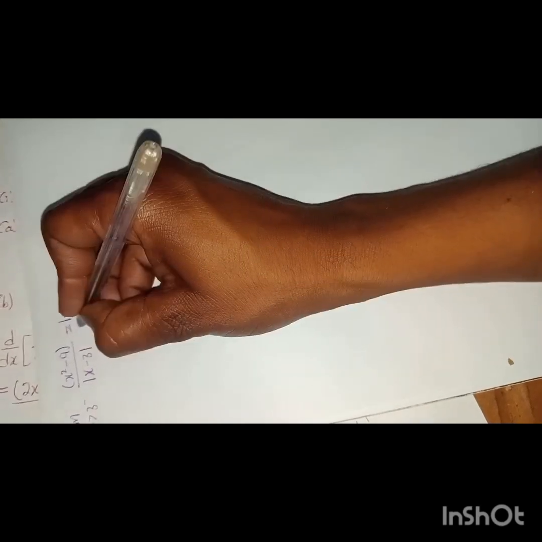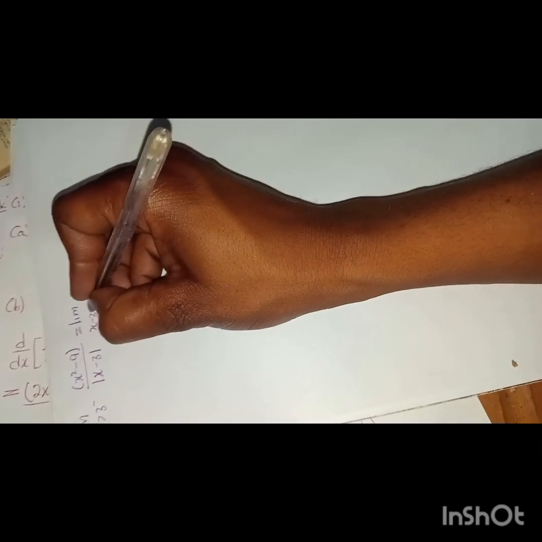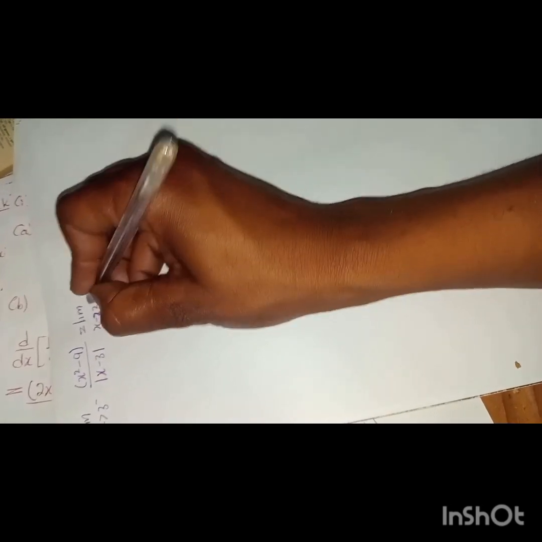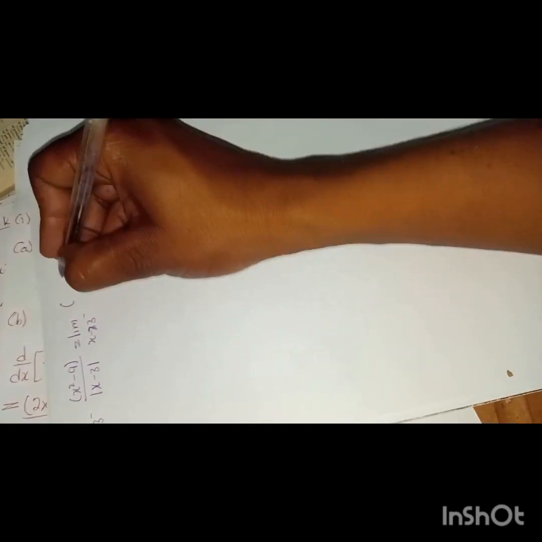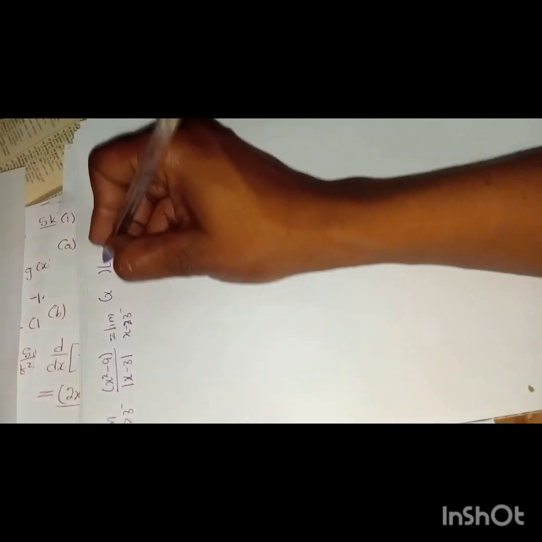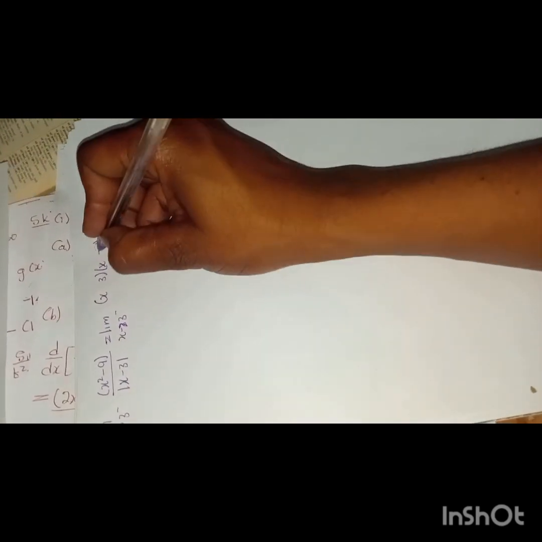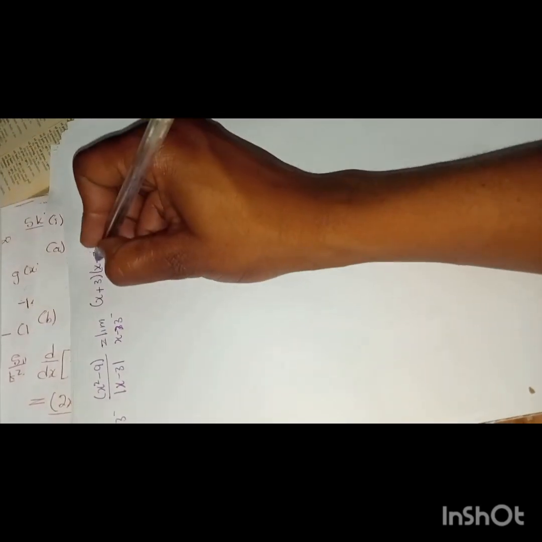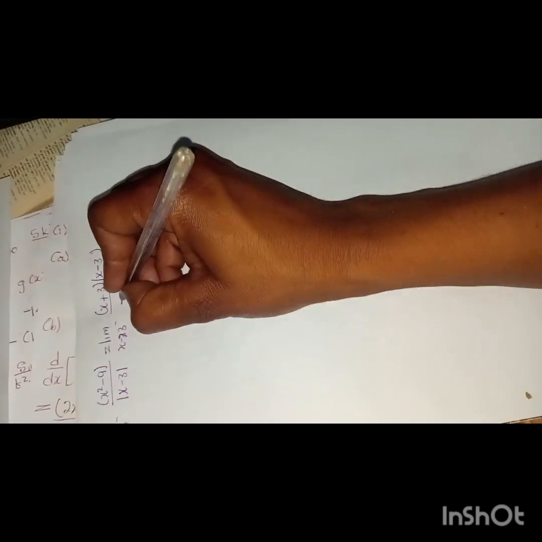Then here we can factorize the difference of two squares, x minus 3, x plus 3, all over negative x minus 3. The x minus 3 cancels x minus 3.